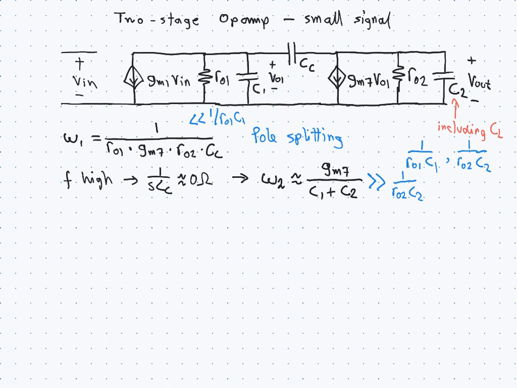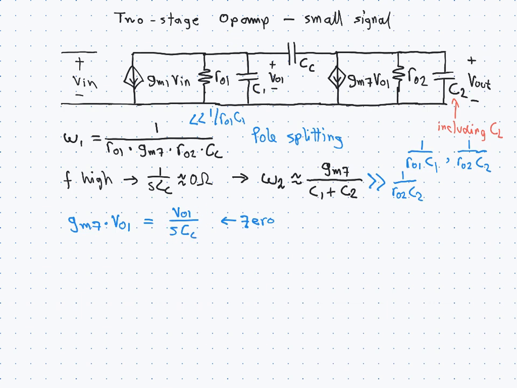Now, the introduction of the compensation capacitor, on the other hand, is also creating a zero. So if we have the situation where the output voltage is 0 volts, that means that there's no current flowing in either of the two load impedances there, which means that all the current flowing in the compensation capacitor also flows in this controlled current source. So we can set up an equation giving the current in the current source being equal to the current in the capacitor.